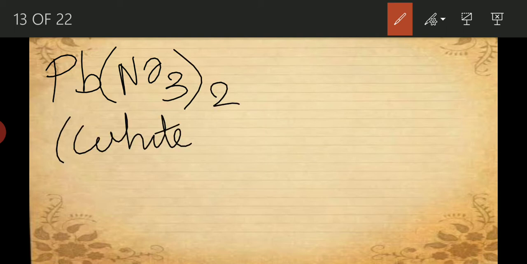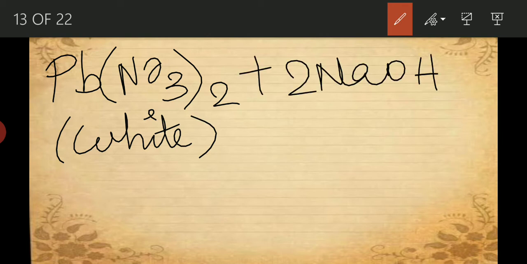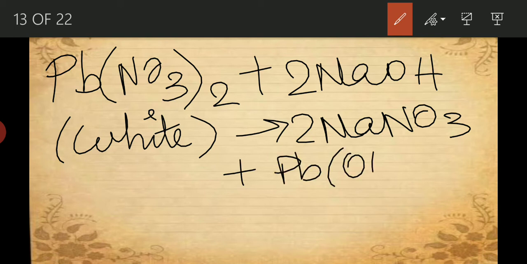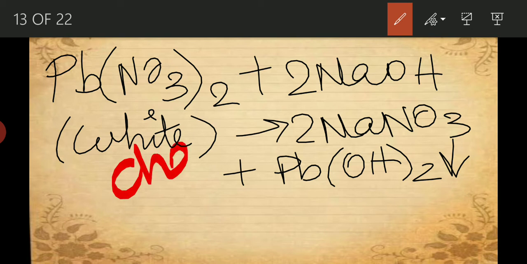Now lead nitrate, Pb(NO3)2. This is white in color. When this reacts with sodium hydroxide, then it forms sodium nitrate and lead hydroxide. Now this lead hydroxide is a chalky white precipitate.